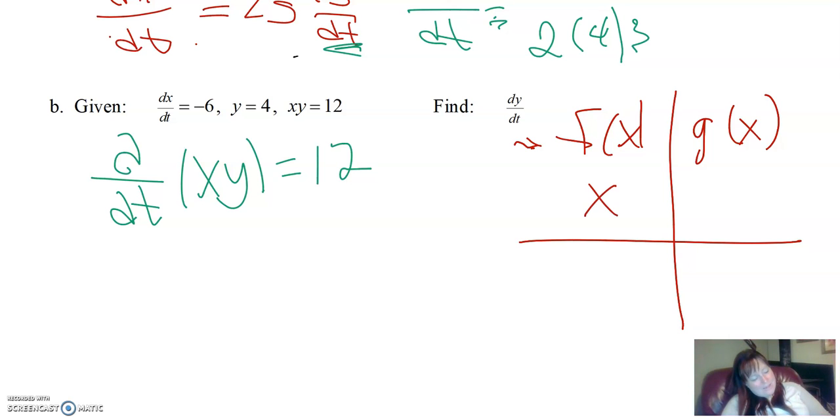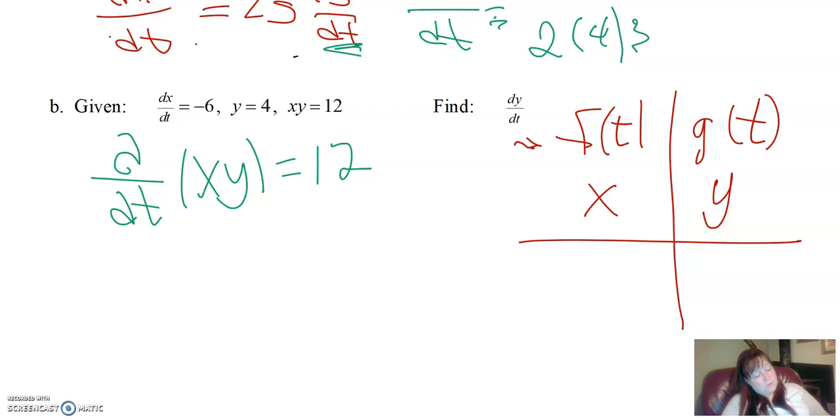Okay, so f of x is going to be x and g of x is going to be y. So f prime of x, well, the derivative of x is just 1. But remember, this is an implicit differentiation thing because we're differentiating with respect to time. In fact, we should say f of t and g of t, because these are actually functions of time.